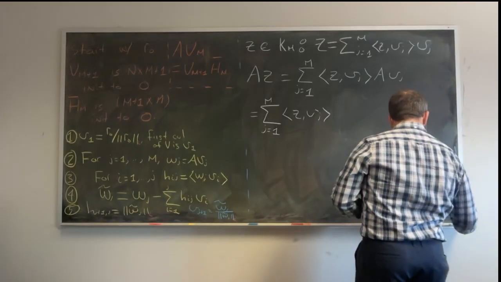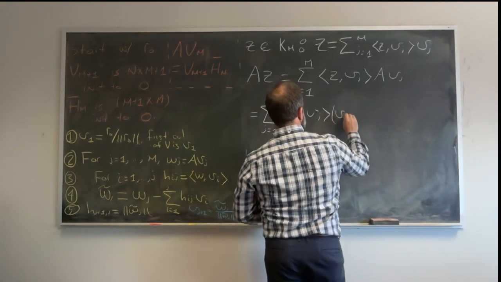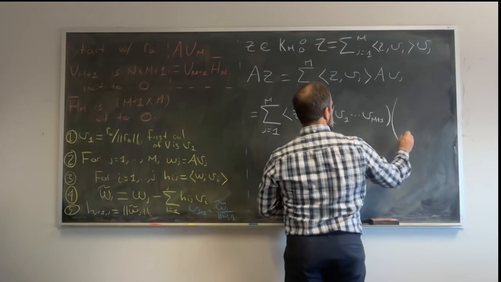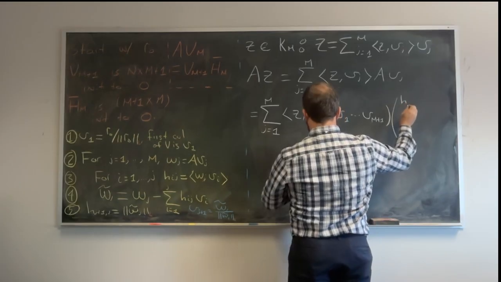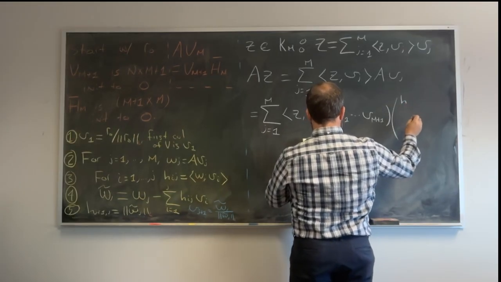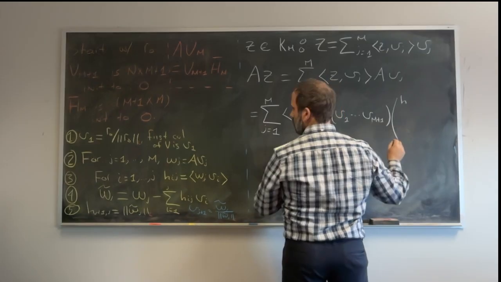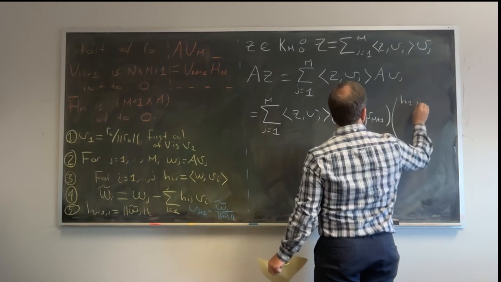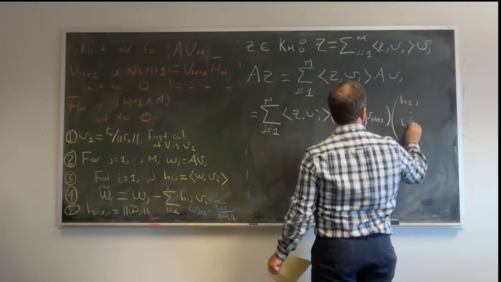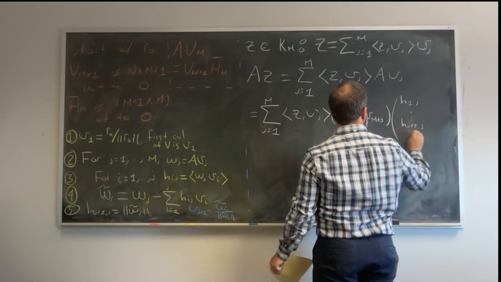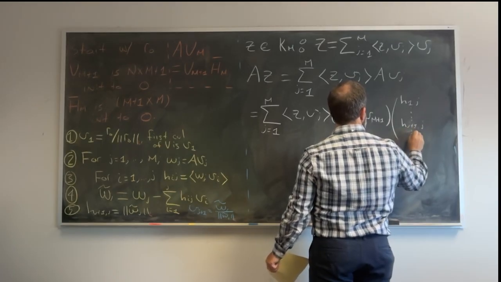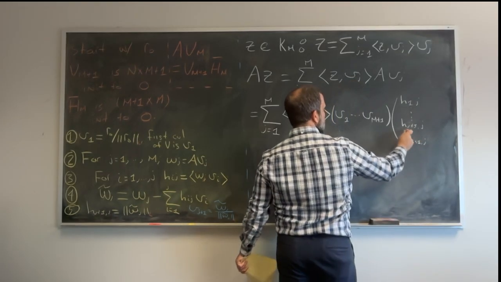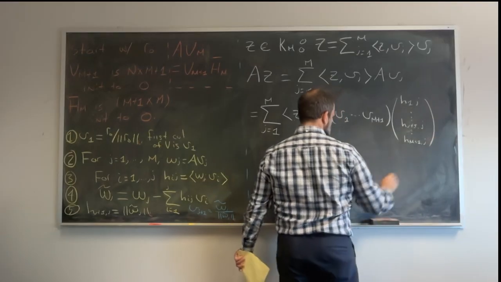Let me write it in this way. We're going to have the matrix V1 through Vm plus 1, and then times the vector H1j all the way down to Hj plus 1 j, and then H m plus 1 j. Now these entries right here, below Hj plus 1 j, are all going to be equal to 0.